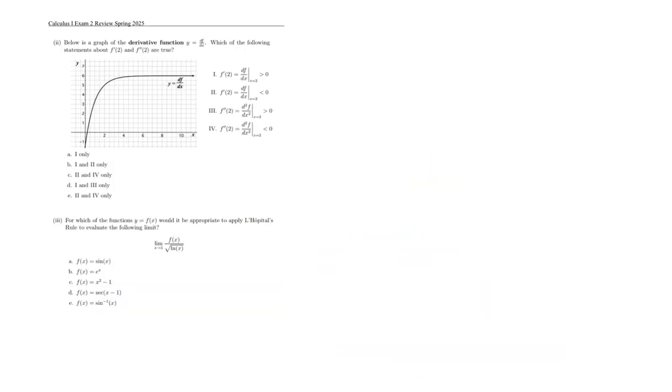Okay, for the next one, I'm given a graph of the derivative, and it asks which is true about f prime of 2 and f double prime of 2. So f prime of 2, this is the derivative, so I can see that f prime of 2 is 5, which is greater than 0. So f prime of 2 is greater than 0, so that's correct.